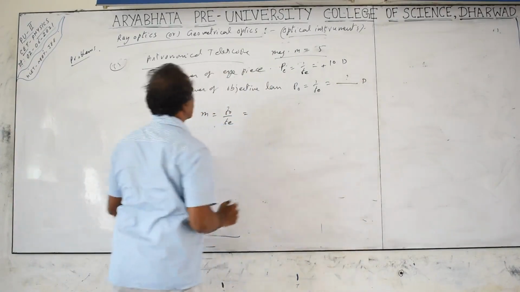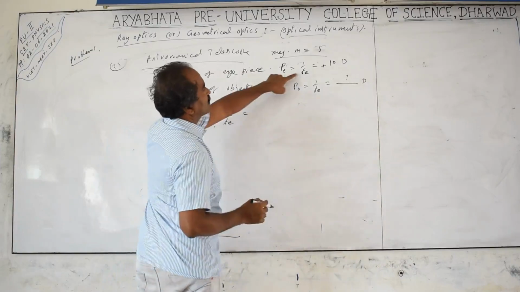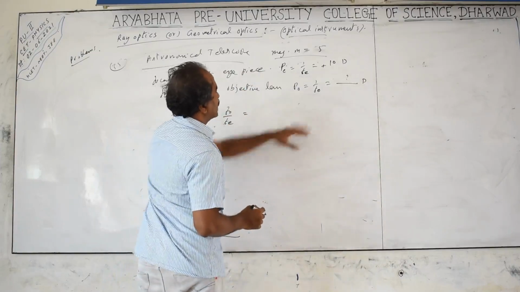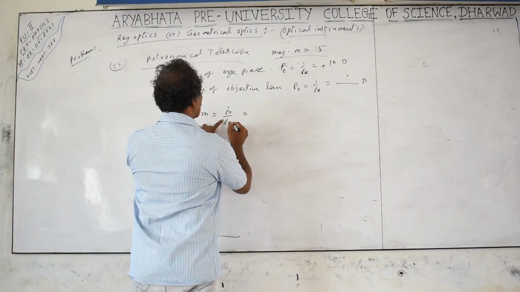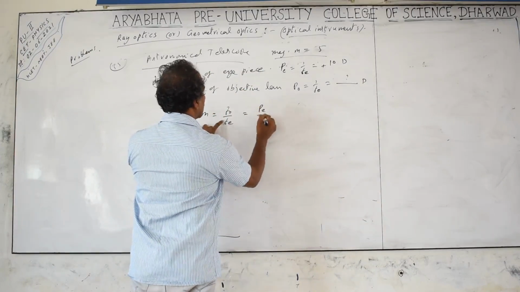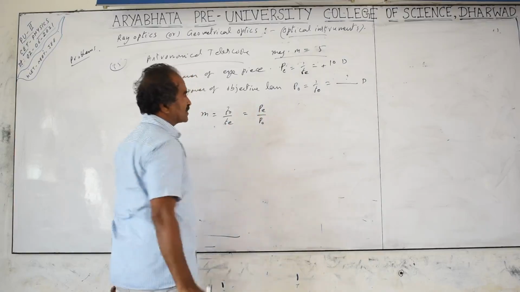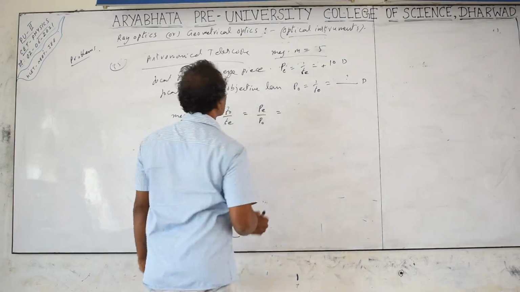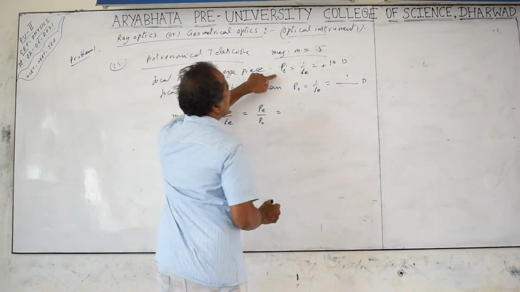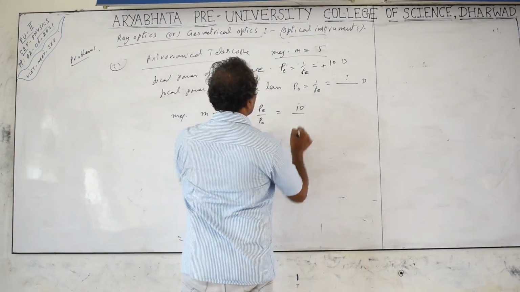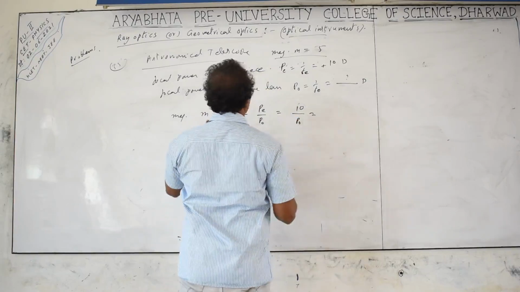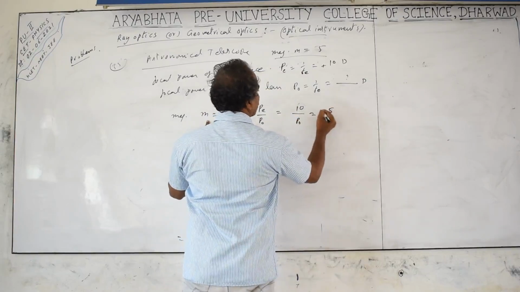From this we can get the focal length of the eyepiece in reverse. Power is nothing but 1 by focal length. So power of the eyepiece by power of the objective lens, reversed, equals 10 by power of the objective lens, which equals the magnification, 5.